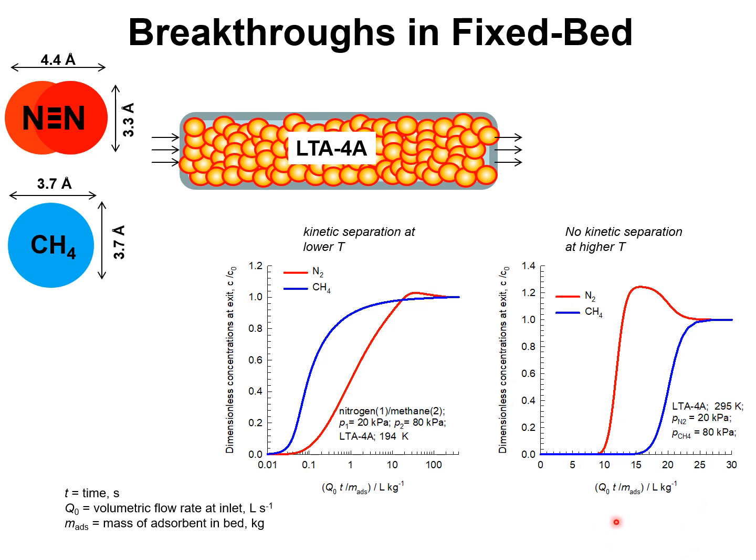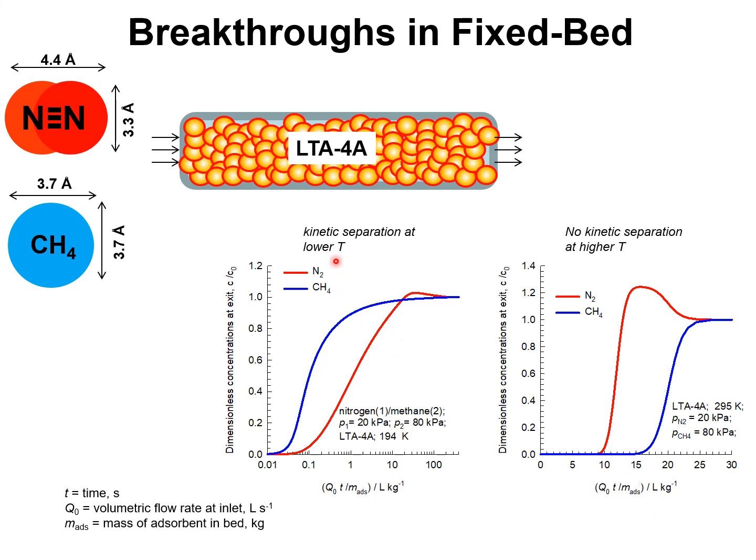These simulations are based on the isotherm fits, which I have shown in a previous slide, along with the diffusivity data reported by both Wilkins and Habgood. At the higher temperature, we note that nitrogen breaks through earlier, and no kinetic separation is possible at this temperature.